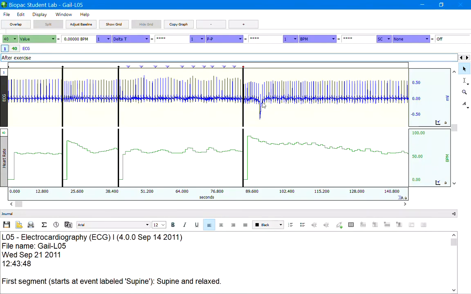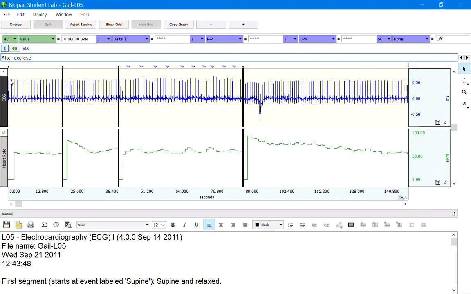Now I want you to take note of how the Biopac functions. Please be aware that it takes a couple of seconds after a recording begins for the Biopac to start analyzing and recording the beats per minute.